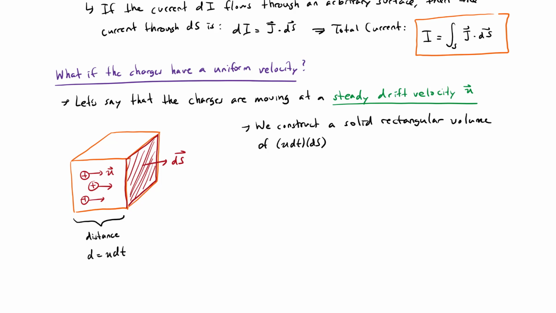So now we construct a solid rectangular volume of dimensions u dt times ds. Let's make sure u is a vector, with ds perpendicular to current flow.